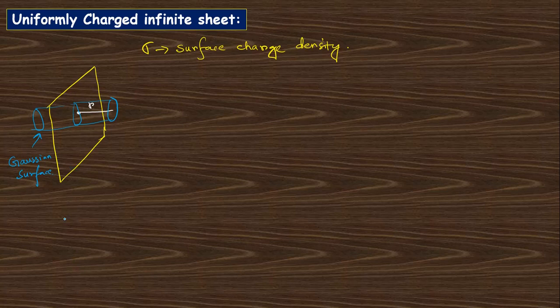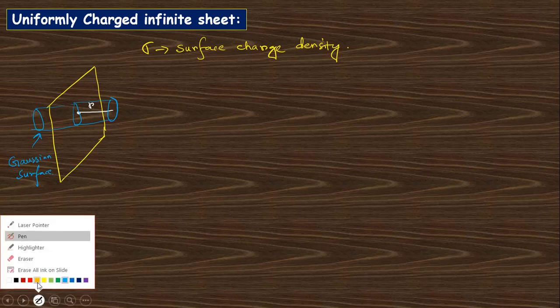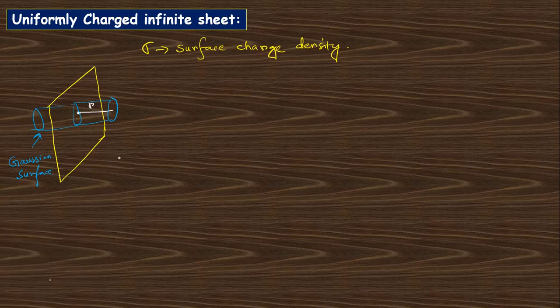So for this Gaussian surface, at the plane regions the electric field and the surface are in the same direction, but in case of the curved surface, the electric field is along that direction but the surface is in the perpendicular direction, right? So using Gauss theorem, integral E dot ds equals q enclosed by epsilon naught.